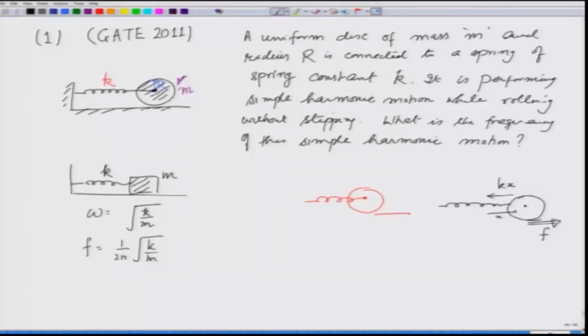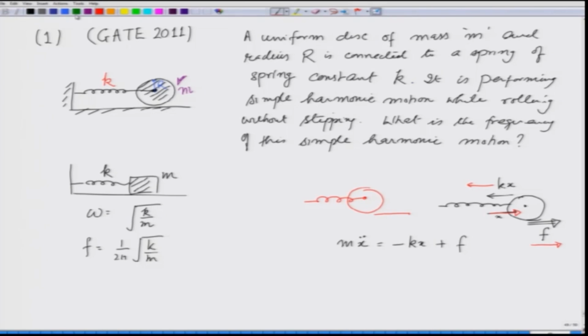So, when the disk is displaced by x, I am going to have m x double dot is equal to minus kx plus f, because the way we have made it, x is going to the right, kx force is to the left and frictional force is to the right. So, m x double dot is equal to minus kx plus f.